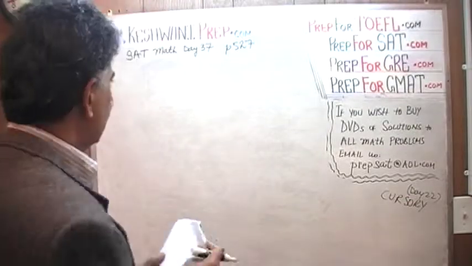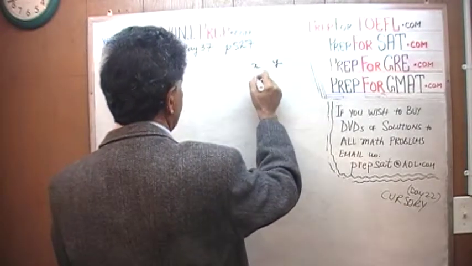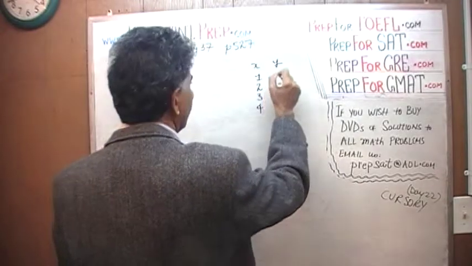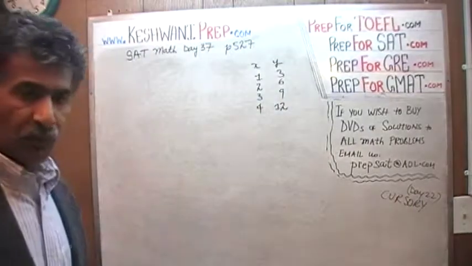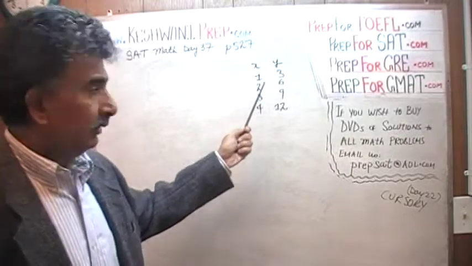For example, if we have a variable x here and a variable y, and let's say we have values 1, 2, 3, 4, let's keep it very simple, and we have 3, 6, 9 and 12. What do we observe here? We notice that every time x goes up, so does y.